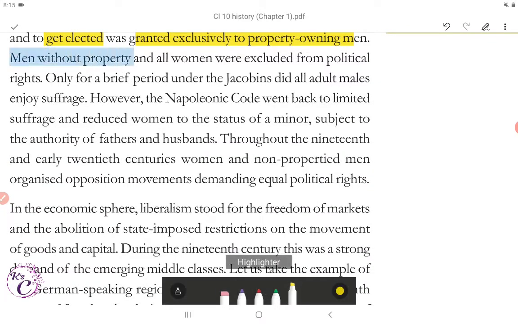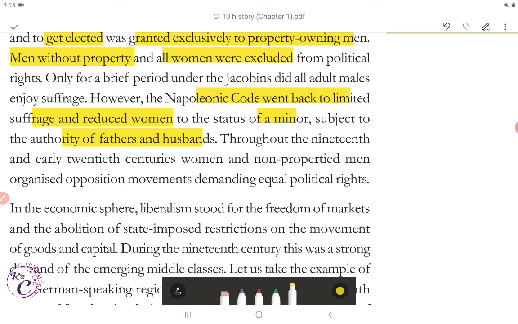Men without property and all women were excluded from political rights. Only for a brief period under the Jacobins did all adult males enjoy suffrage. However, the Napoleonic Code went back to limited suffrage and reduced women to the status of a minor, subject to the authority of father and husbands.